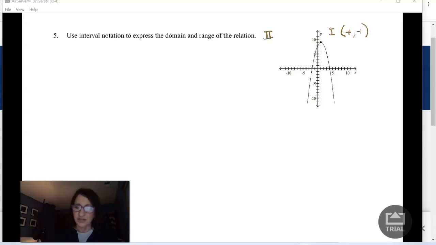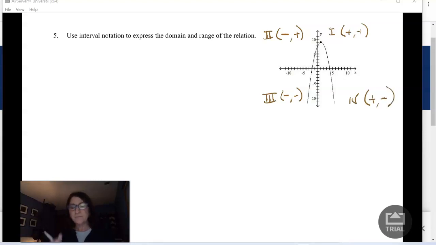In quadrant 2, my x value is negative, my y is positive. In 3, I've got negative, both my x's and y's. For every ordered pair in that quadrant 3 is negative. In quadrant 4, for each ordered pair, my x's are positive, my y's are negative.